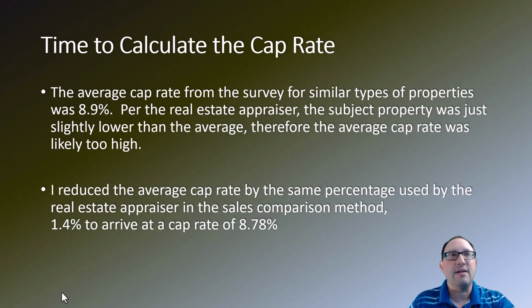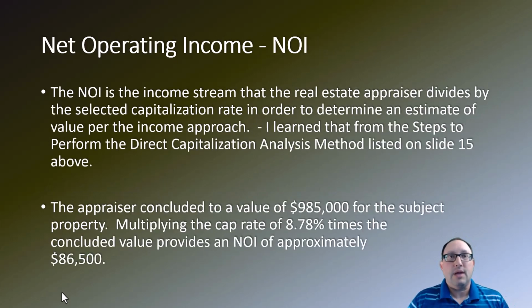So now I have that rate to help me calculate what the net operating income for the real property would be. So I multiplied the conclusion of value the real estate appraiser came up with for the whole property, 985,000, by the cap rate of 8.78. That gives me a net operating income, NOI, of about 86.5.